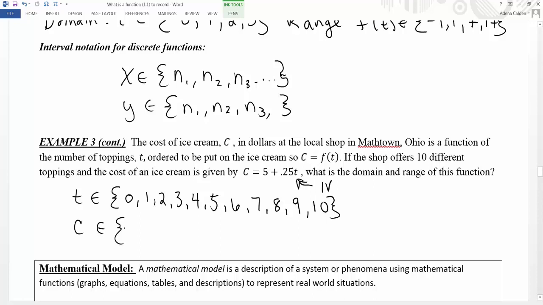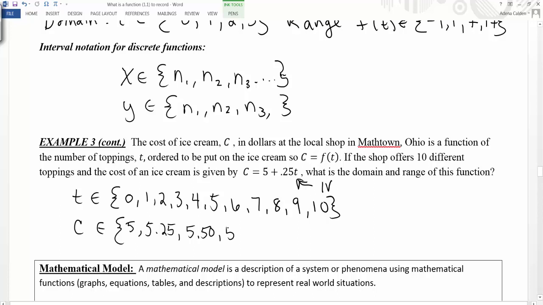So for example, if we plugged in t equals 0, our very first possible number for our domain, we get c equals 5. Remember, c is cost, so that 5 represents dollars. So $5 is one possible output. If we plugged in a 1, we get $5.25. If we plugged in a 2, we get $5.50.